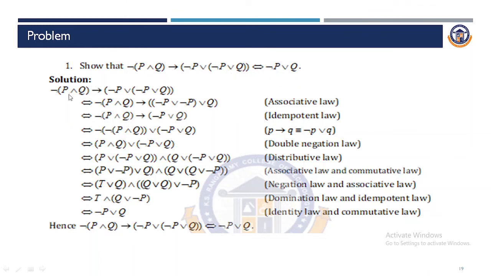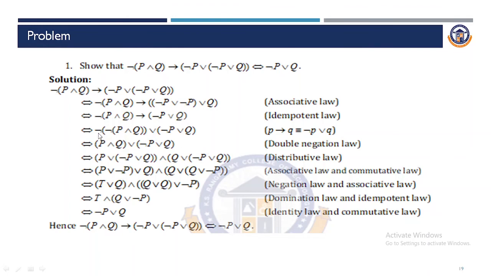Problem. Show that negation of P and Q conditional negation P or Q is equivalent to negation P or Q. So take negation P and Q conditional negation P or Q, which is equivalent to, here using associative law, negation P or Q. Negation P or negation P is equivalent to negation P. Then remove the conditional by using the formula P conditional Q is equivalent to negation P or Q. Right.